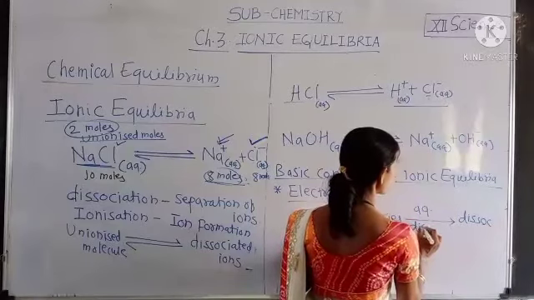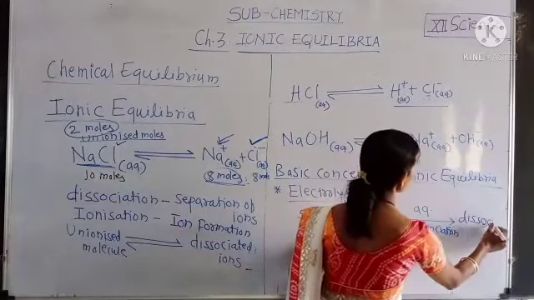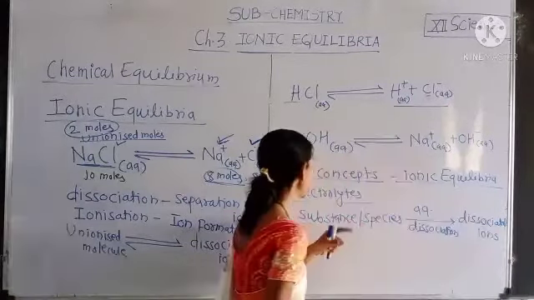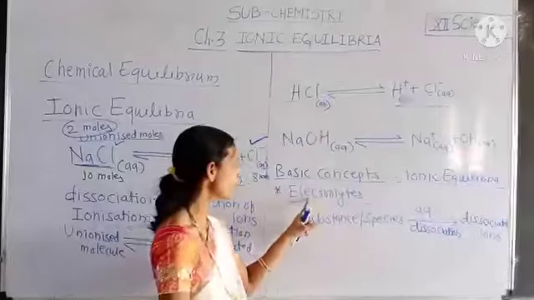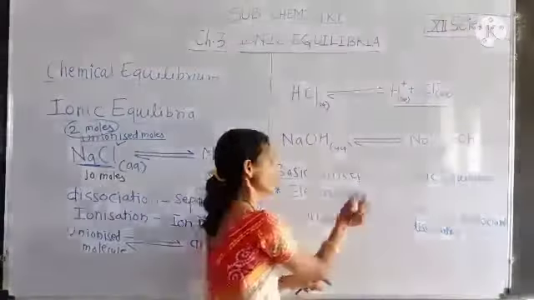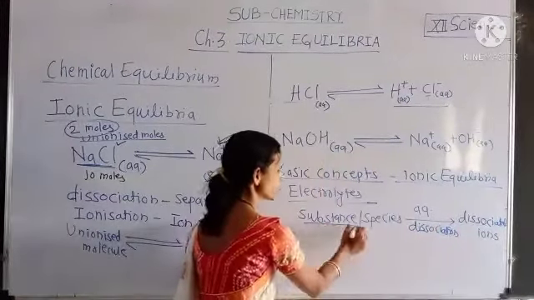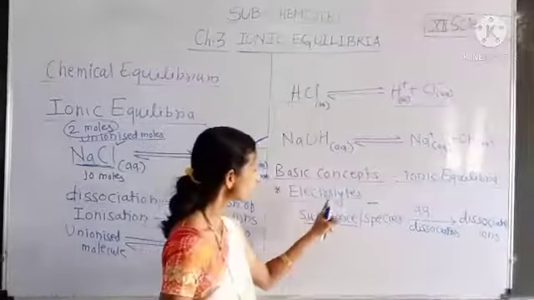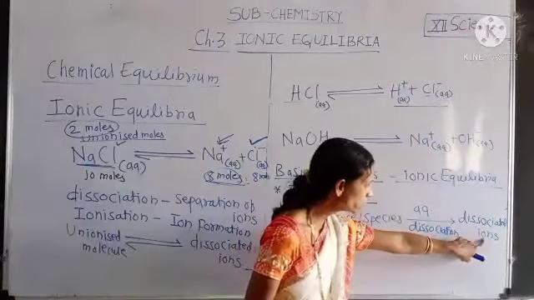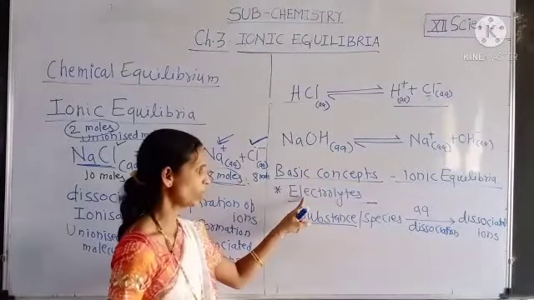Dissociation takes place and dissociated ions are formed. Then that substance is called an electrolyte. An electrolyte is a substance or species which gives ions in aqueous medium.